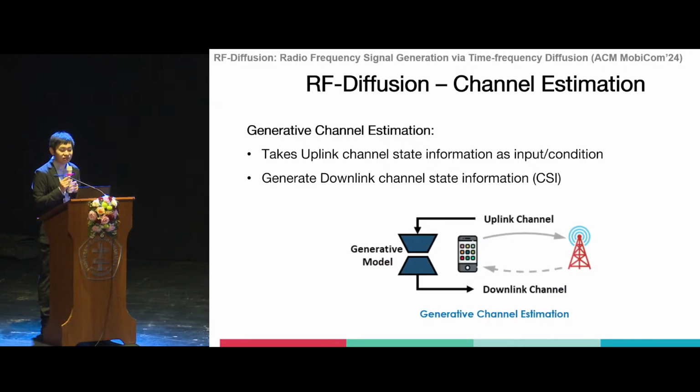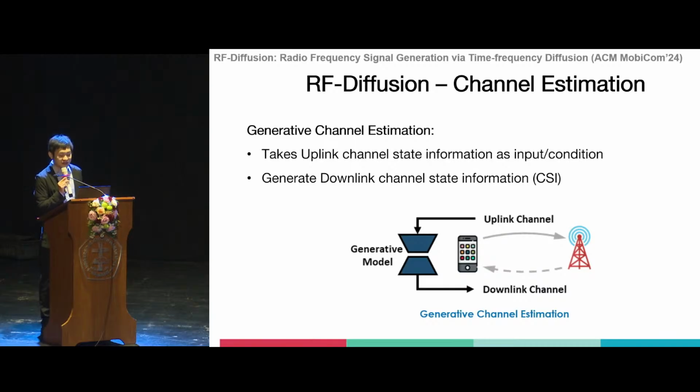Besides generating more samples, we can also let the generative model directly generate the result. Here we show a classic communication task, channel estimation. We know the uplink CSI, and we want to predict or estimate the downlink CSI.